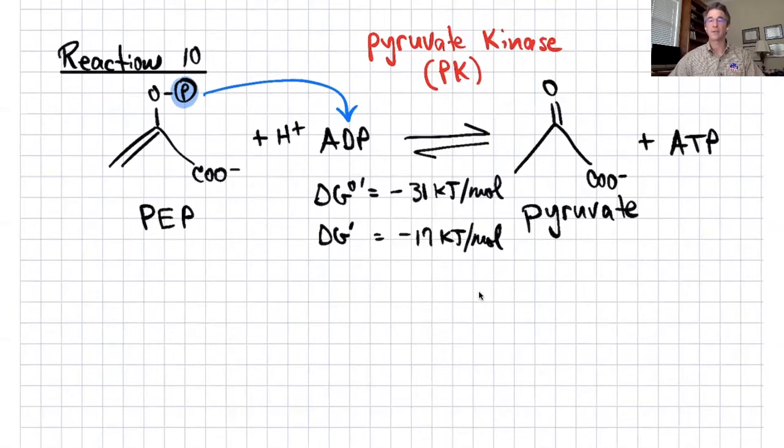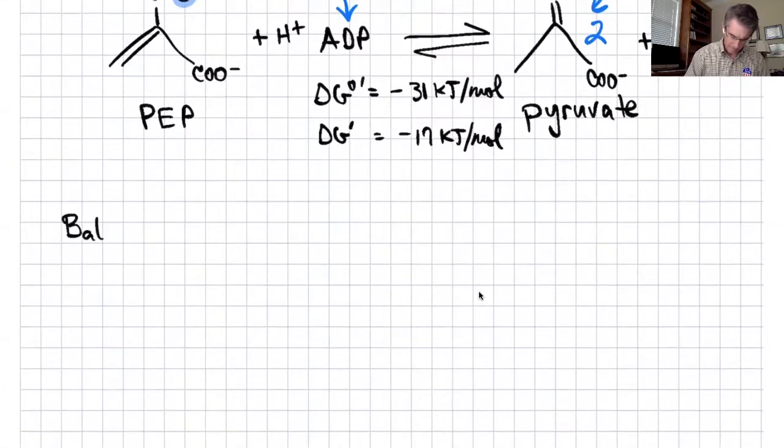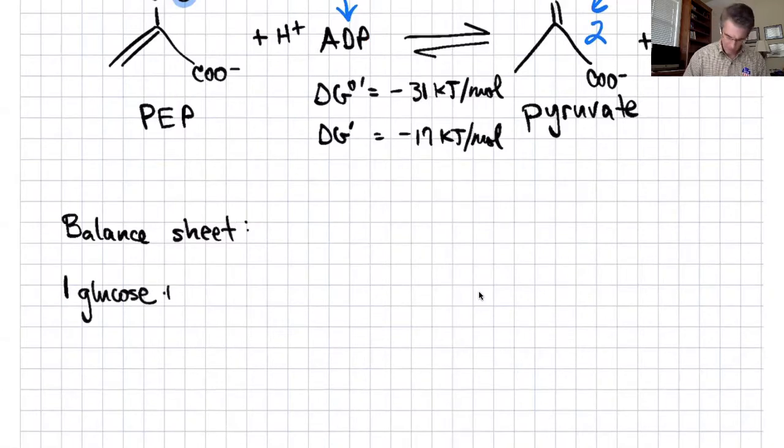Okay, so that's the end. That brings us 10 steps into glycolysis, to the point of taking glucose and turning it into 2 moles of pyruvate. So it's worth pondering for a second: how'd we do? Let's think about what the balance sheet of glycolysis looks like in the end. So we had 1 glucose molecule plus 2 ADPs.